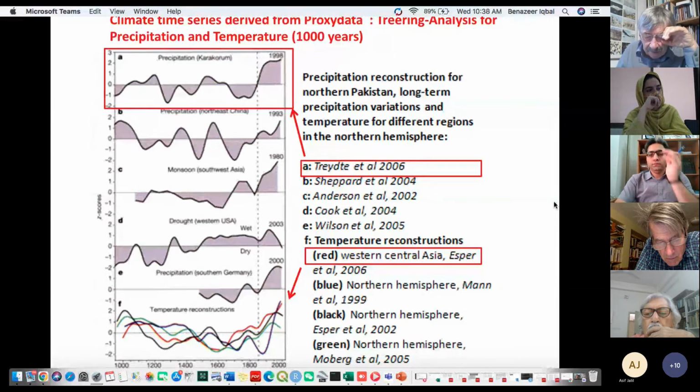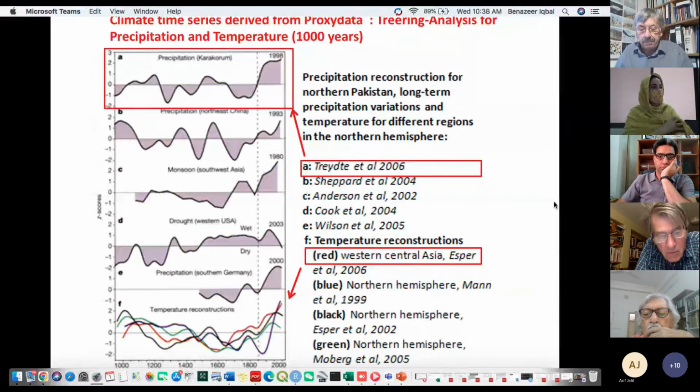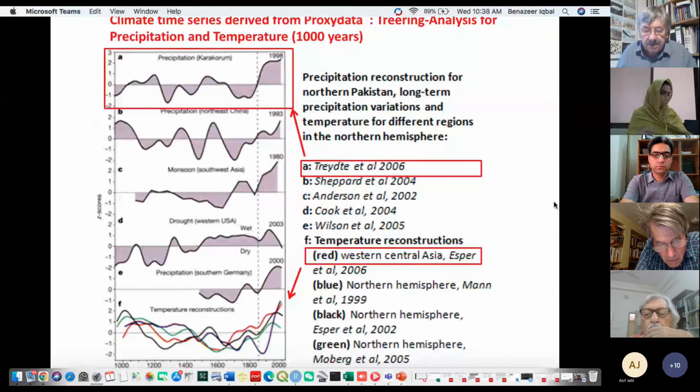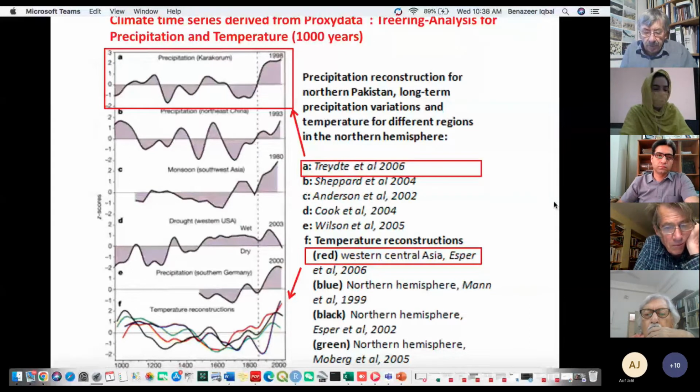And there the red line, which has been produced by one of our PhD people for Western Central Asia, shows also for the 1000 years it goes up, it goes down, and it went up in the last 150 years as well. So these proxy data should be included in our model approaches.